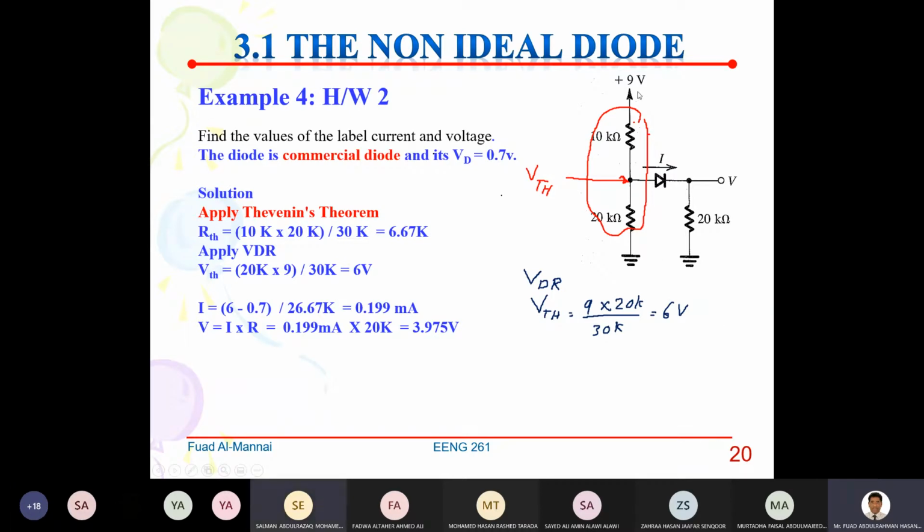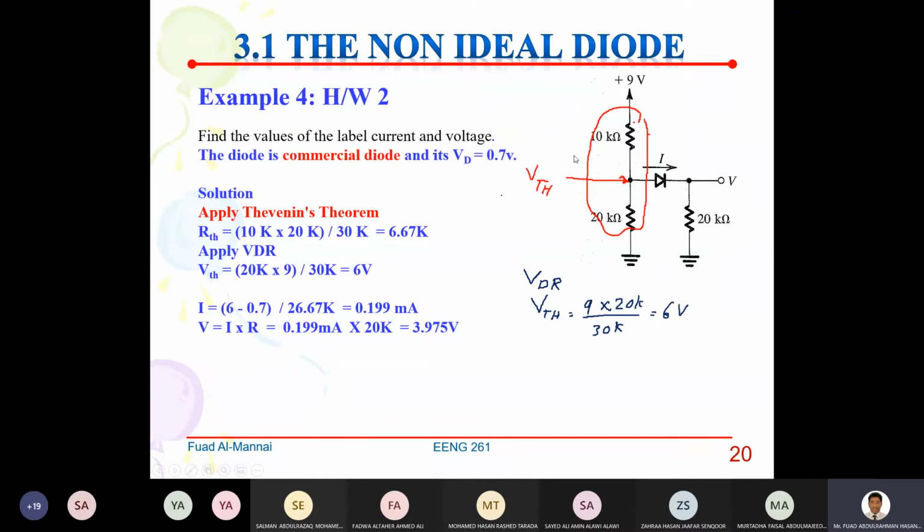You can see that the circuit has a voltage divider formed by 10K and 20K. Then I have a diode, and connected to the diode I have a 20K ohm resistor to the ground. Now, over here, this is a non-ideal diode, or as another way we call it, a commercial diode.